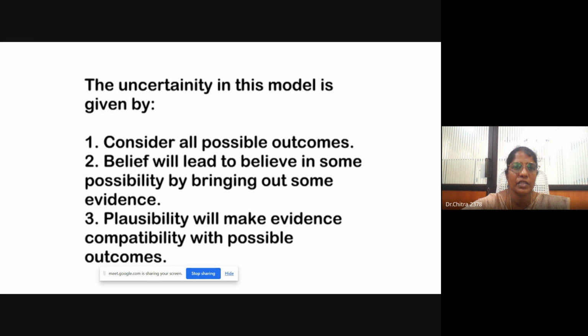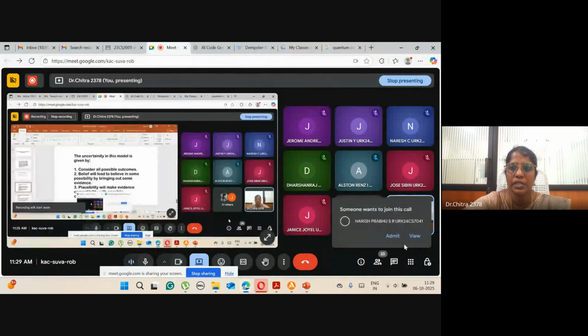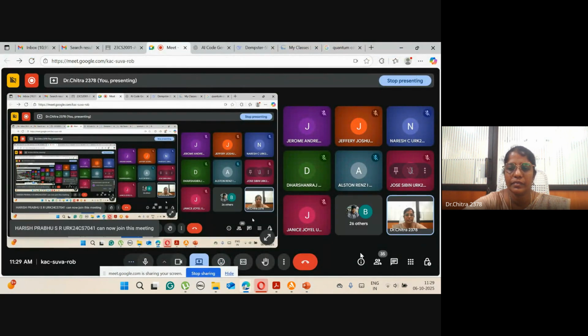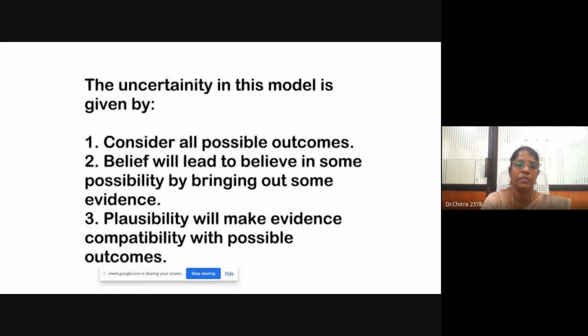Always Ram will get good marks, that is the belief of the teacher. Sometimes Raju can also get good marks, that is the plausibility. All the possibilities are considered, and that is what is called plausibility. Belief means definitely. Plausibility means more considerably.